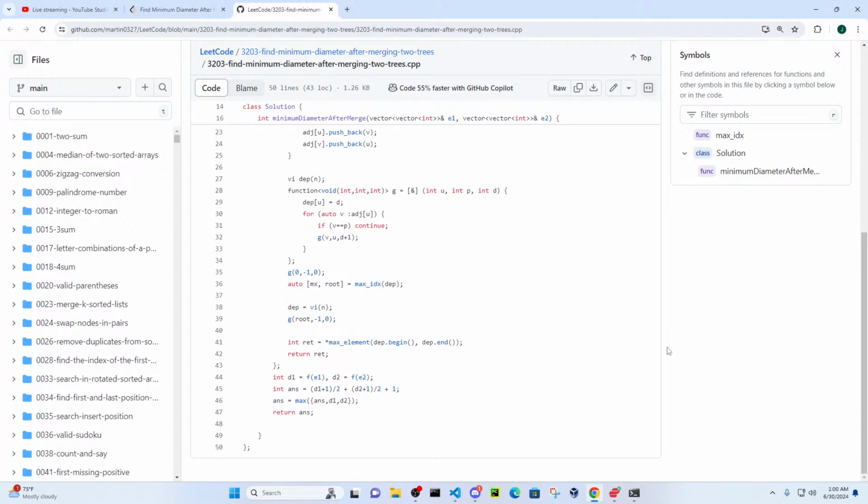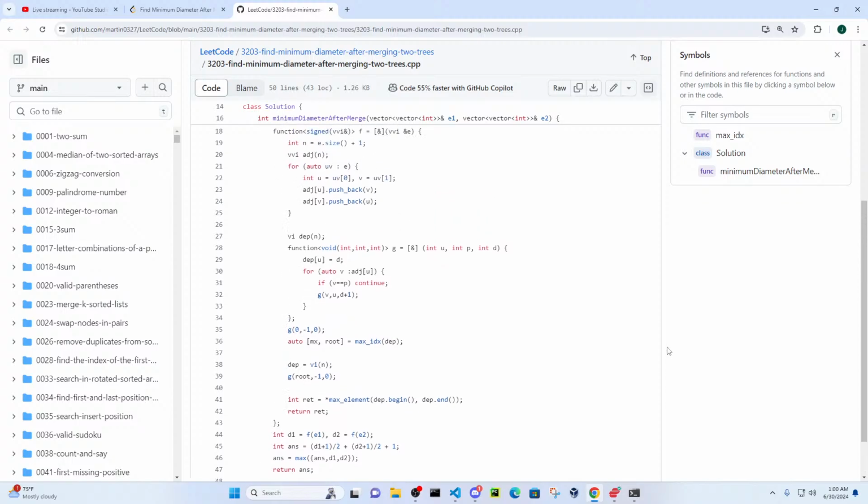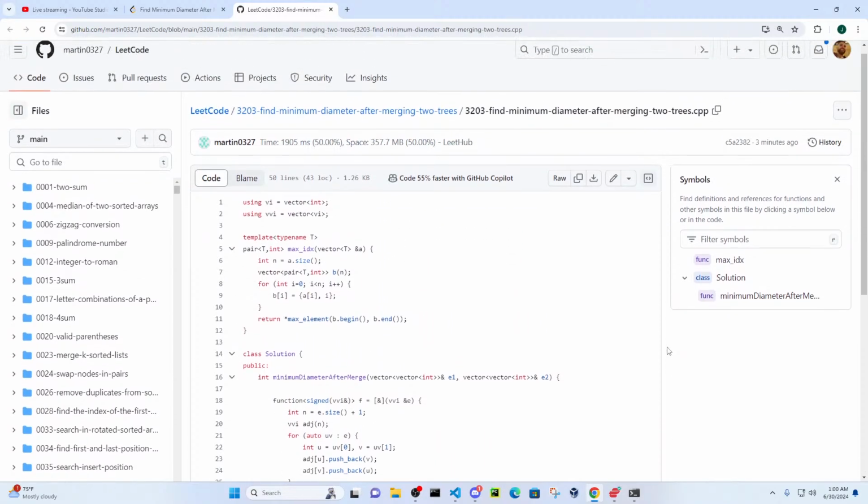And there's one more thing. How many centers can a tree have at most? My guess would be 2. It's a binary tree. No, it's not a binary tree, but the center of a tree could be either 1 or 2. Okay.